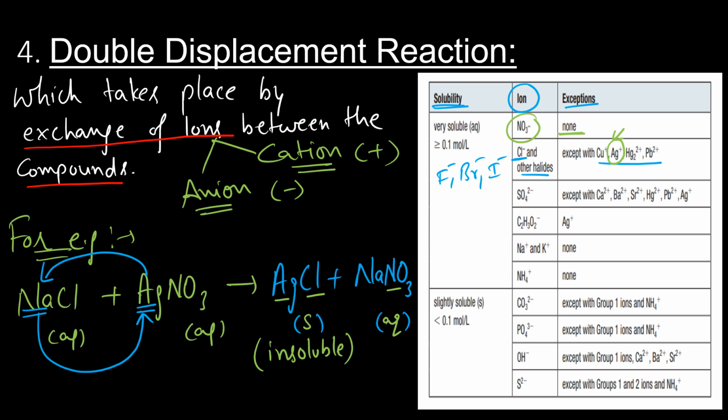One more thing: if any substance is insoluble in the reaction, it is known as a precipitate. So here silver chloride forms a precipitate, and its color is white. While reacting sodium chloride with silver nitrate, silver chloride forms a white precipitate, a white insoluble substance.